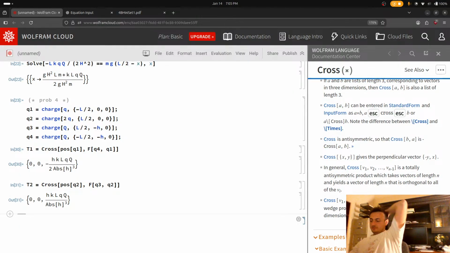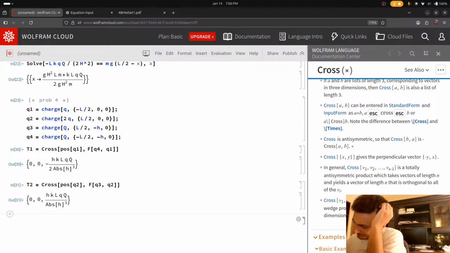Yeah, I guess that's right. The tension force is minus mg.